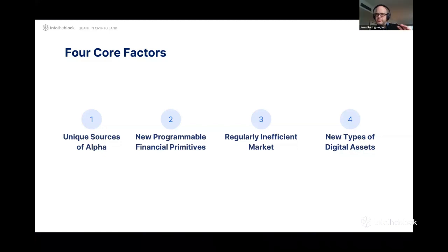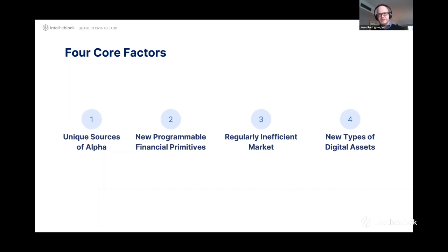One is the fact that in crypto we have sources of alphas that are non-conventional and have no equivalent in traditional capital markets. Also, the fact that we have programmable financial primitives such as lending, market making, and things like that, which is a concept that, again, doesn't exist in traditional financial instruments.